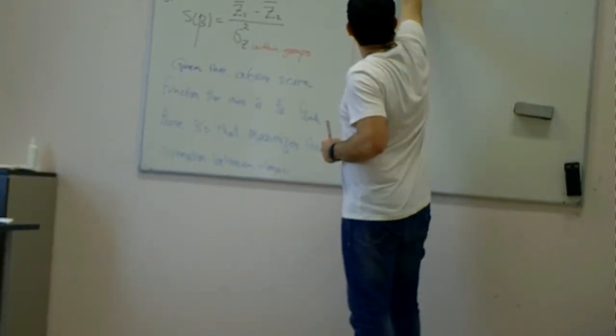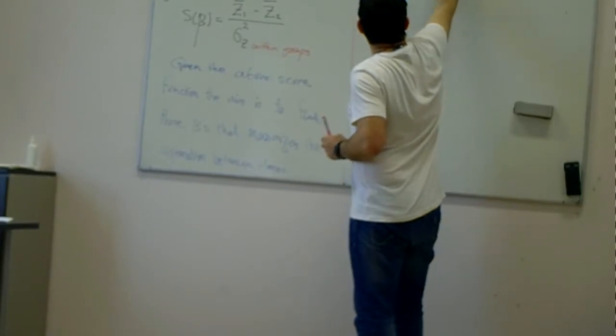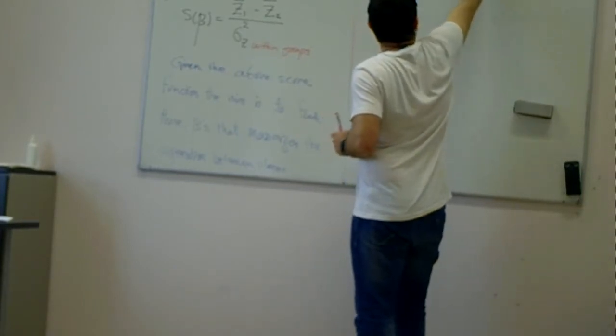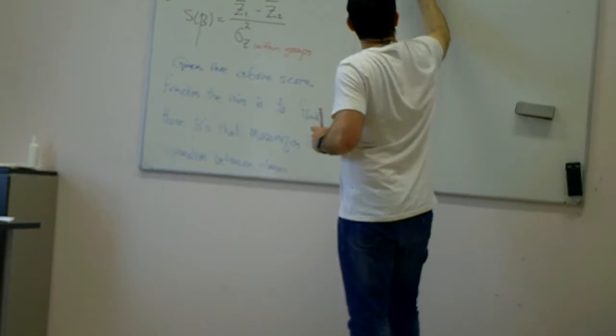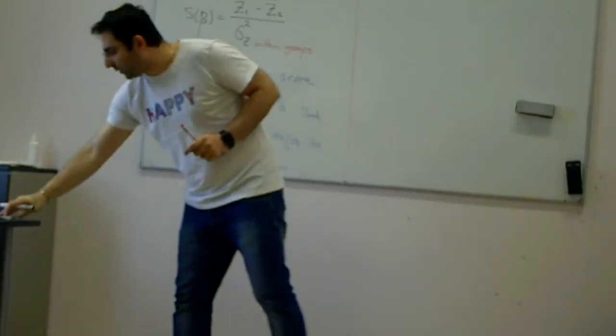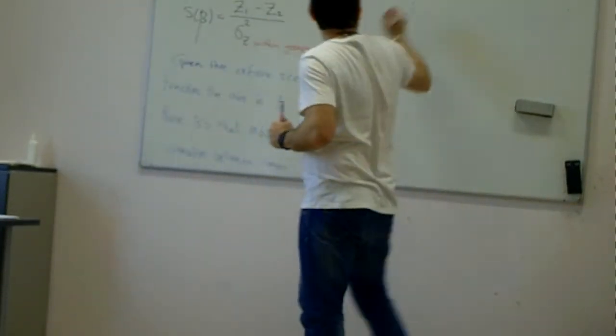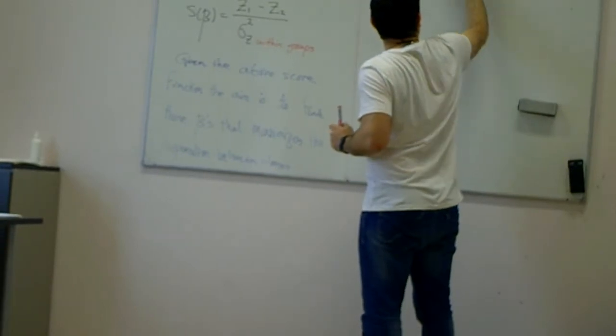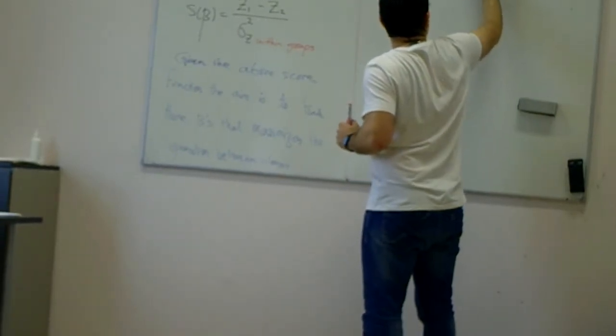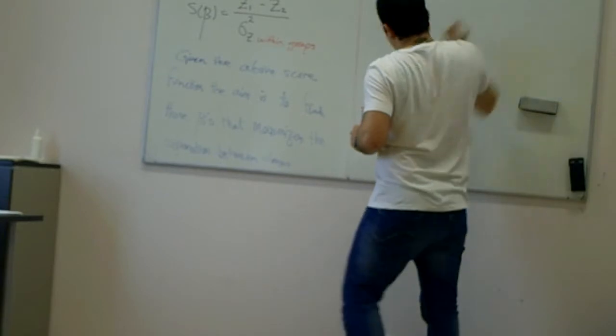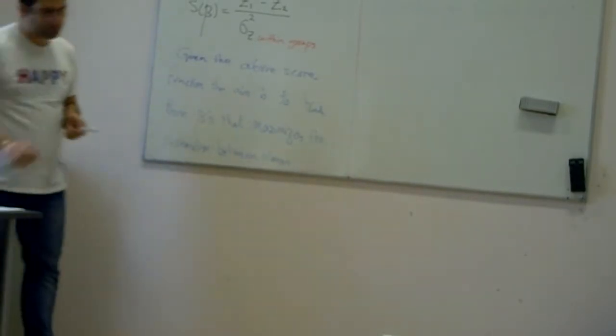which can be solved by, they have found beta is equal to the inverse of the covariance matrix multiplied by mu1 minus mu2.